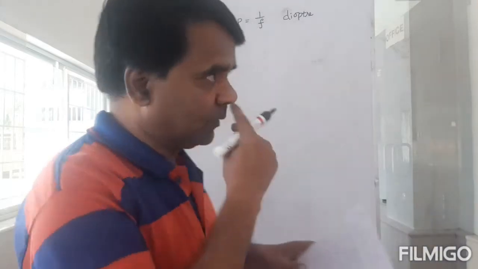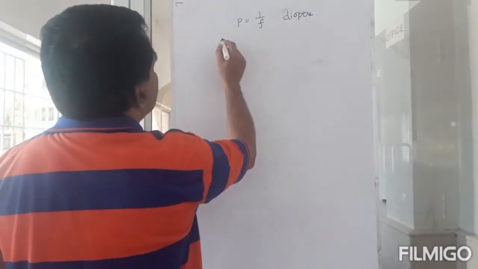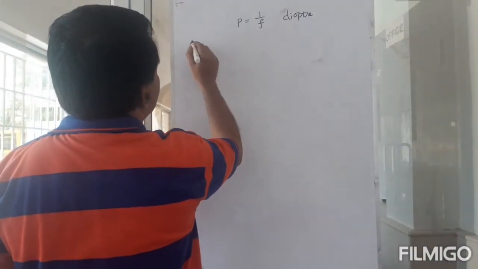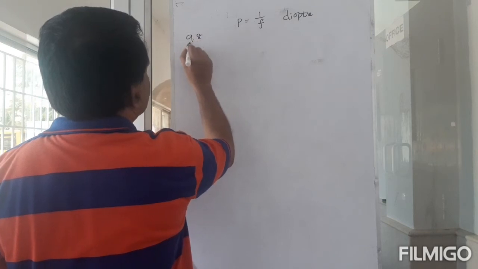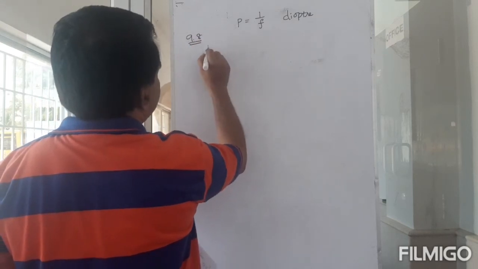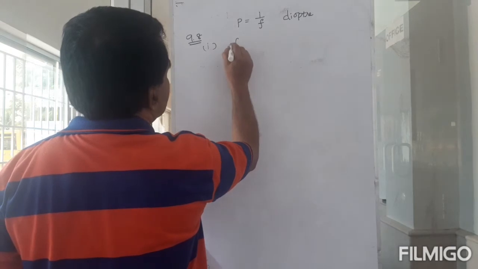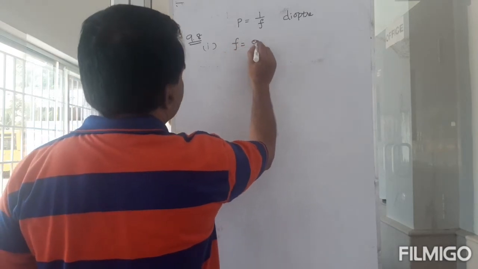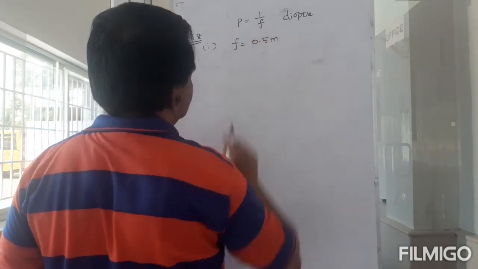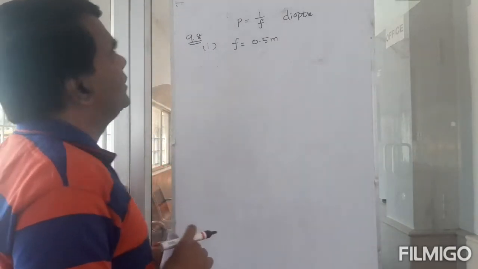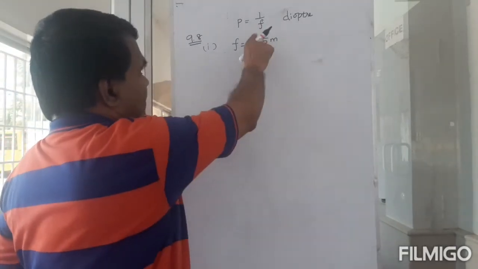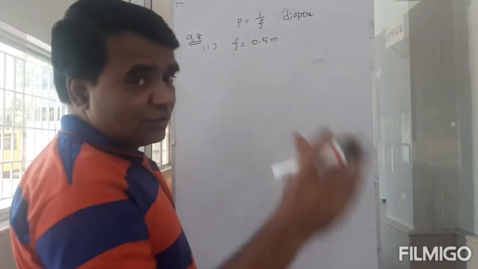The first part is this. If f is equal to 0.5 meters for a glass lens, what is the power of the lens? It's very simple. The focal length is given to be 0.5 meters, and they ask you to find the power.